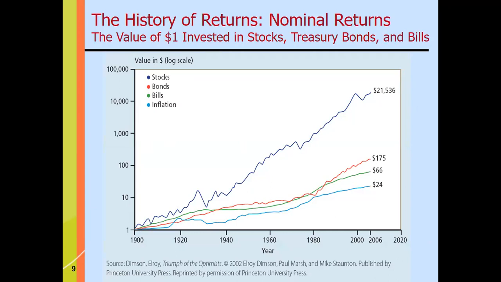There might be some fluctuations along the way in different years, but overall, we can see that the graph is increasing from left to right. Looking into the stocks, it's really the topmost, followed by bonds and then bills, which are again assumed to be the risk-free financial instruments or assets. And then at the bottom is inflation, which is also increasing.